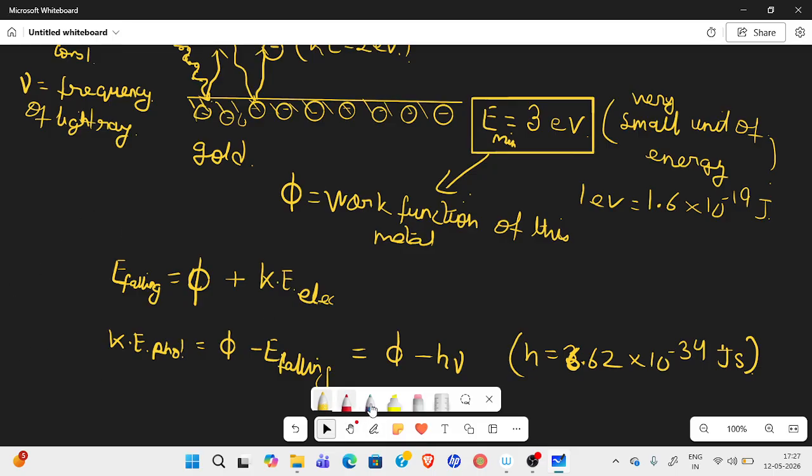So this amount of energy is the kinetic energy of the coming photoelectrons accounted for in this experiment. I hope you got the idea of the basic concept of this photoelectric effect of Einstein's experiment. Thank you for today's lecture and have a great day.